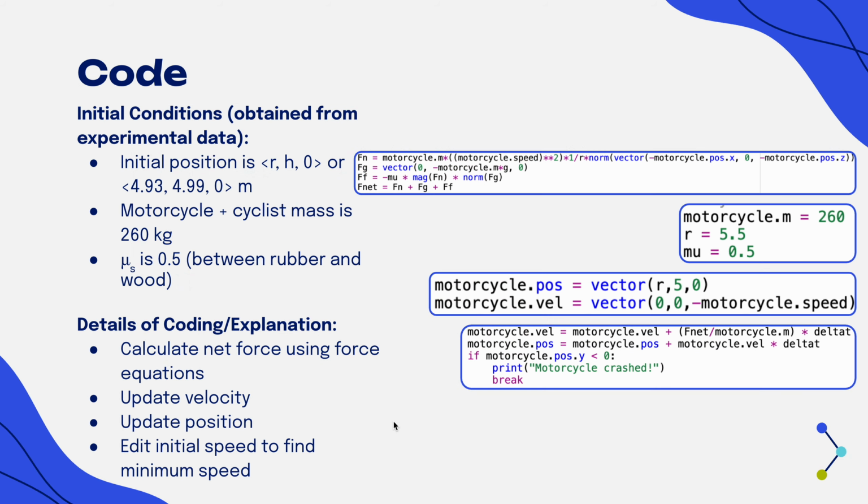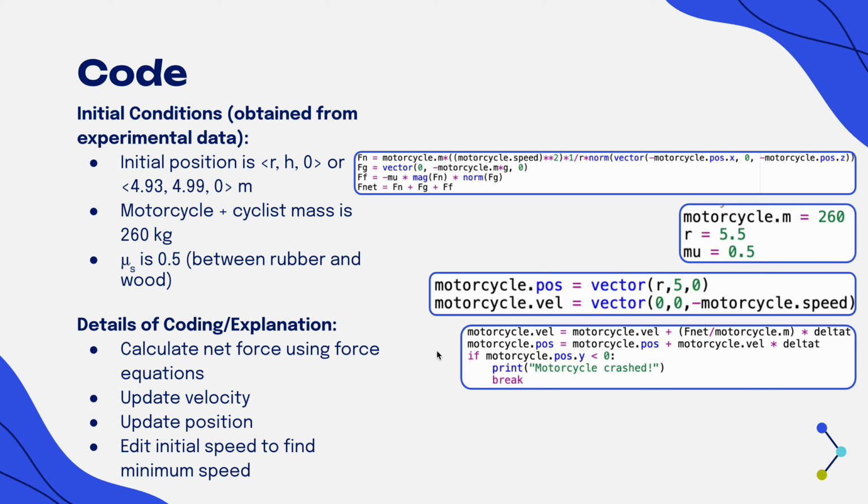Meanwhile, for the code to model this, I set the same initial conditions. I googled these two: the motorcycle plus motorcyclist mass is around 260 kilograms, and the coefficient of static friction is around 1/2, or 0.5, between rubber and wood. First, I set up all the forces as shown here, set the initial conditions, set the position and the velocity, and inside of this loop updated the velocity and updated the position.